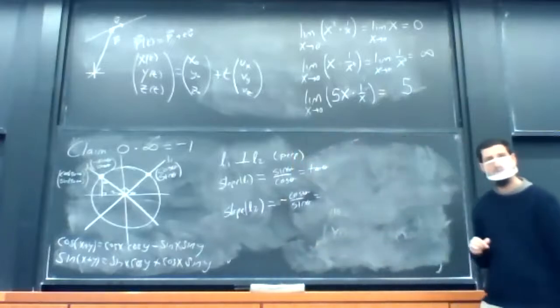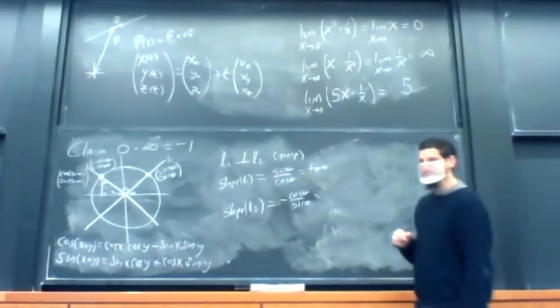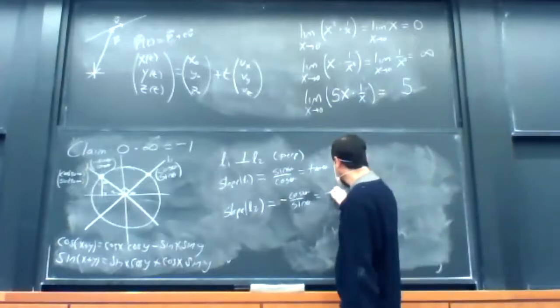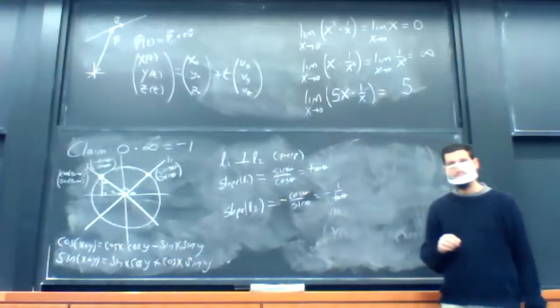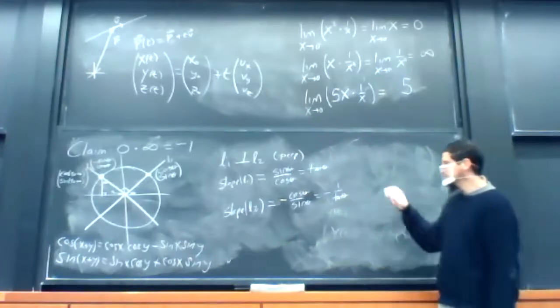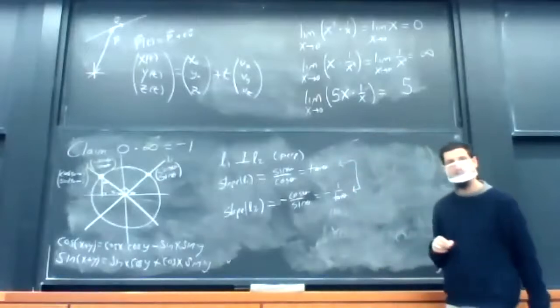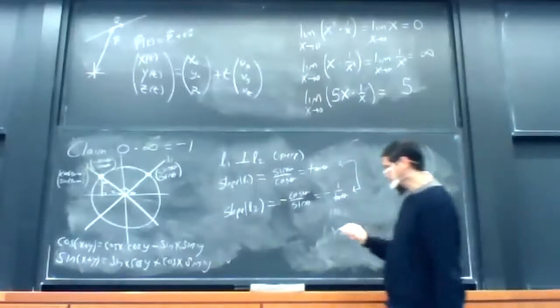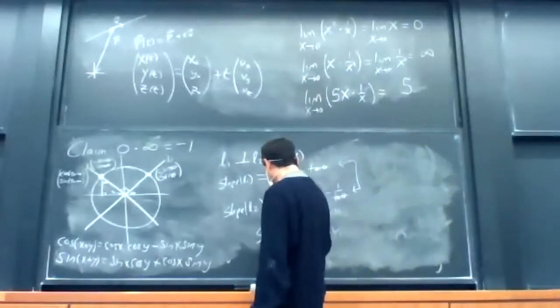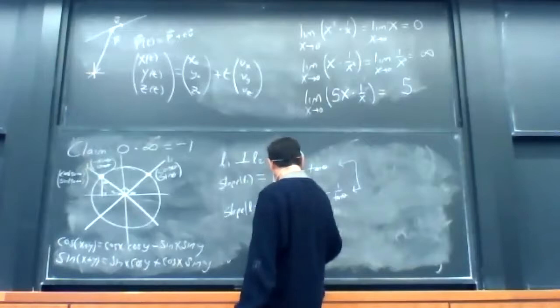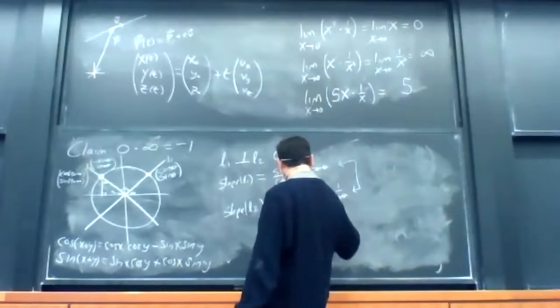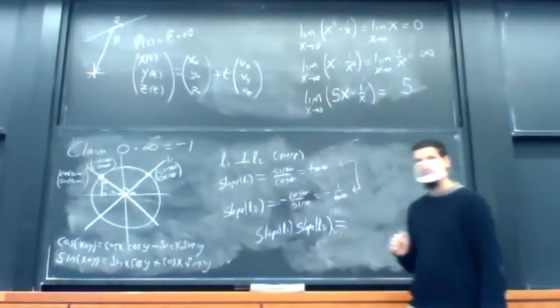How should I write that? I could write it as negative cotangent. I'm going to write it as negative 1 over tangent theta. Do you notice any relationship between the slopes? They're reciprocals. Yeah, so if I look at the slope of L1 times the slope of L2, what do I get?